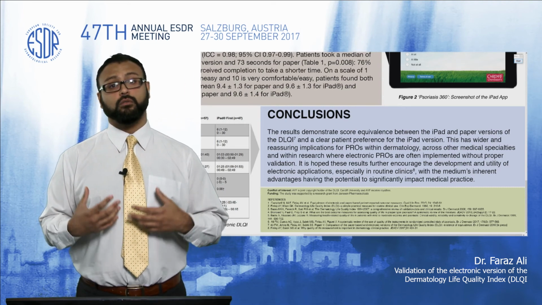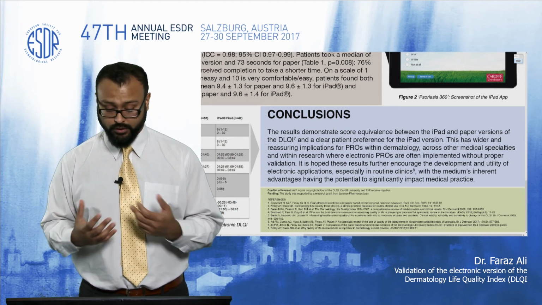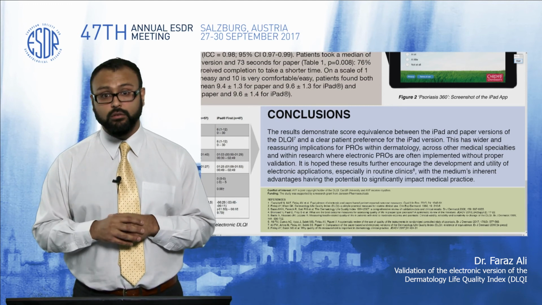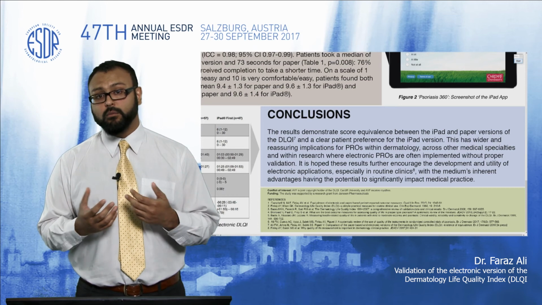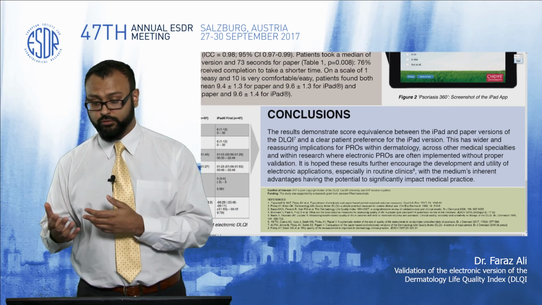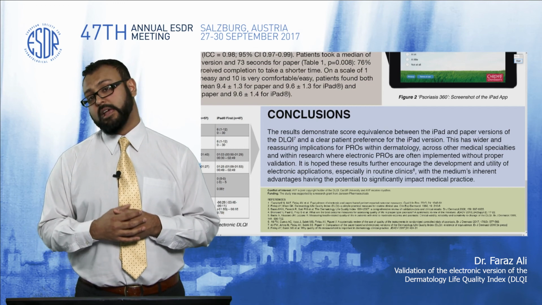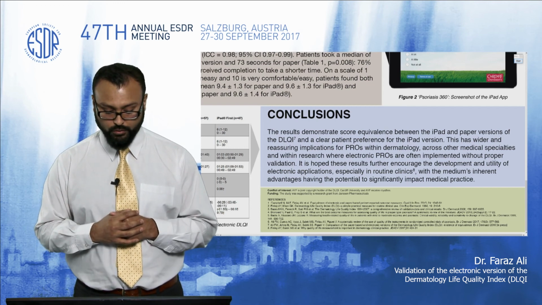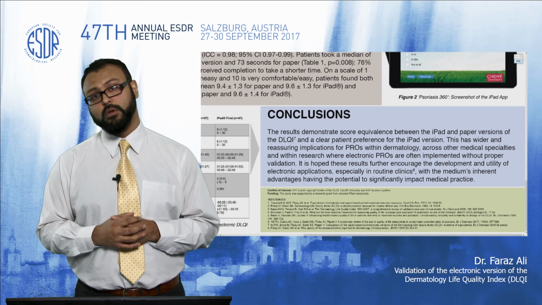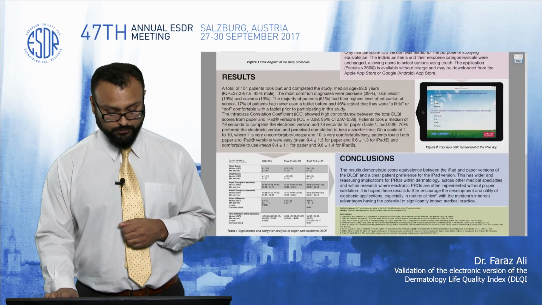But this can also hopefully encourage uptake of the electronic formats of the DLQI in clinical settings, and we hope it will encourage patients to also complete this medium, particularly because everyone has smartphones and therefore monitor the quality of life at home. And this can really change the way we practice medicine in the future.